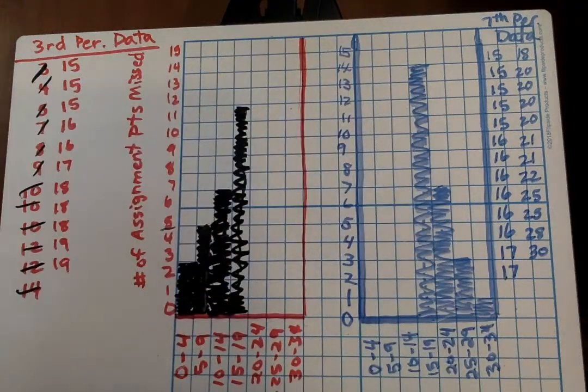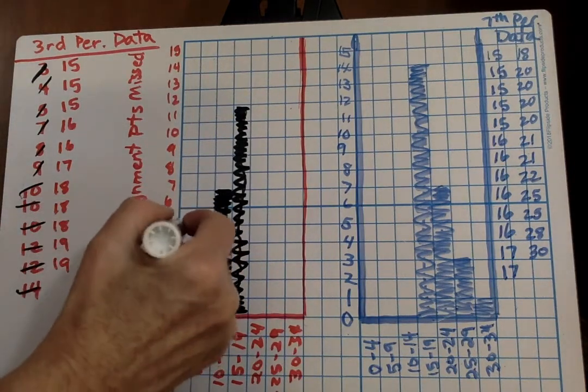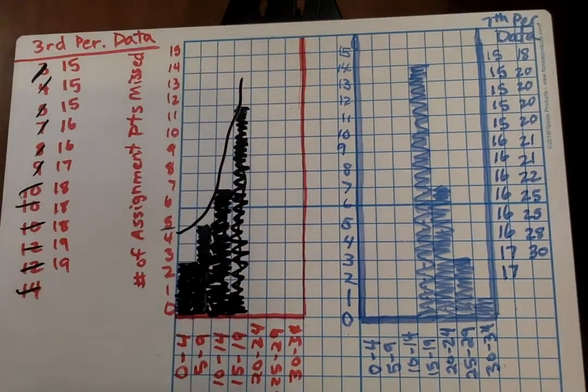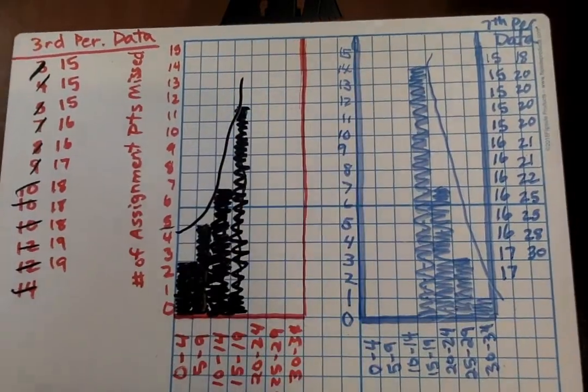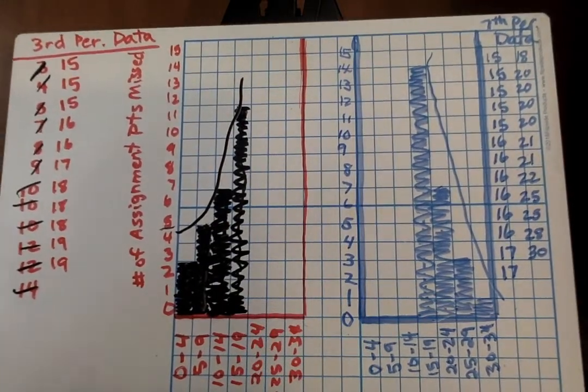Think about how the curve of the graph is going. See how this one goes like this? So it's skewed left because more data is on the right. And for this one, it's going to be skewed right like that because most of the data is on the left.